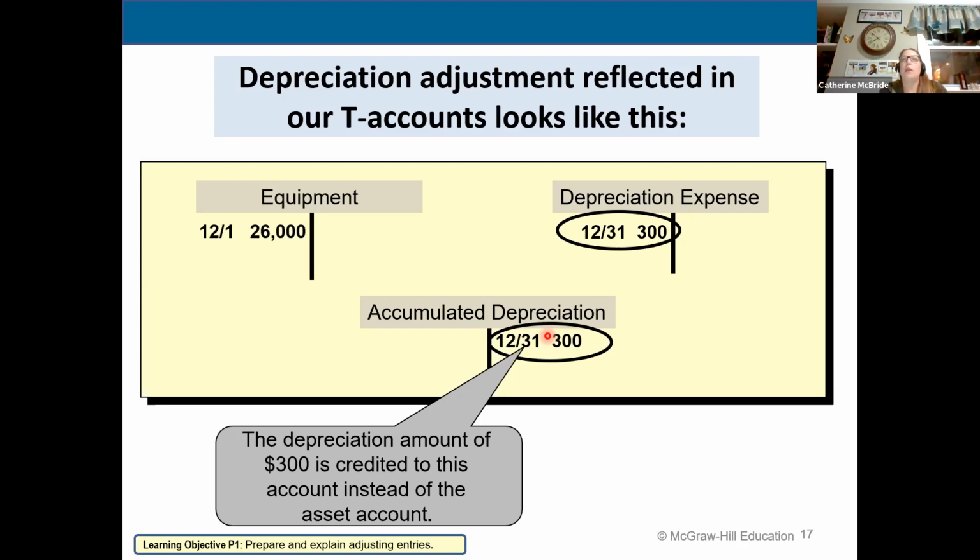So if an asset is normally increased with a debit, a contra asset is increased with a credit. And we're going to use accumulated depreciation to reduce the book value of the asset.